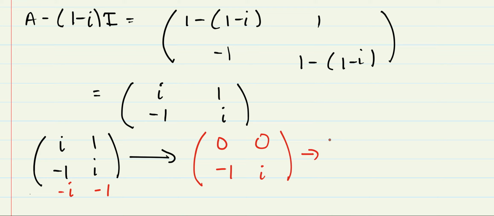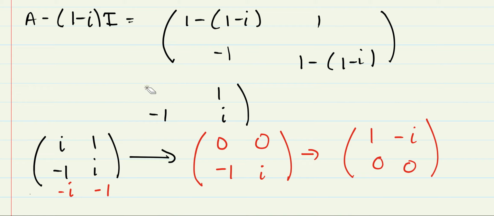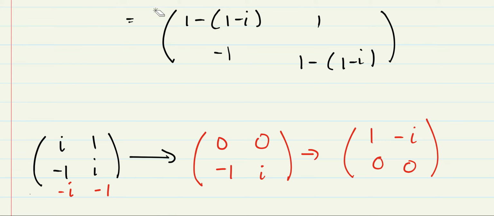And then I'm going to exchange the two rows, and I'm going to make this a positive. So I get 1, negative i, 0, 0. And from here you can figure out what the null space is. The only difference between this matrix and the one we saw last time was that I have a negative i instead of a positive i.